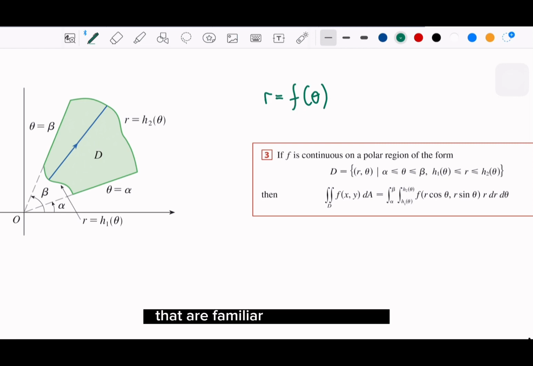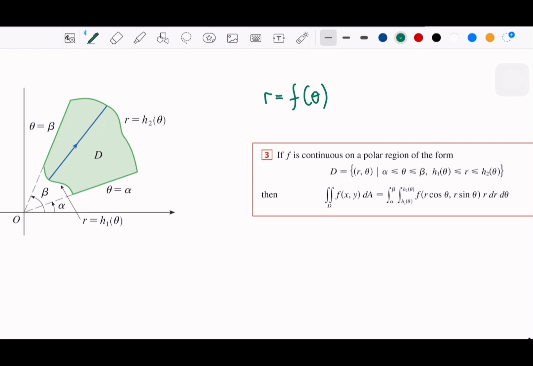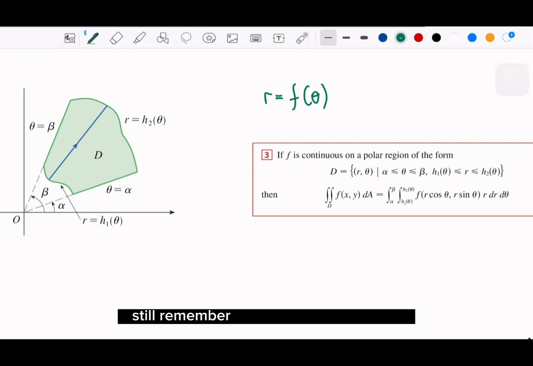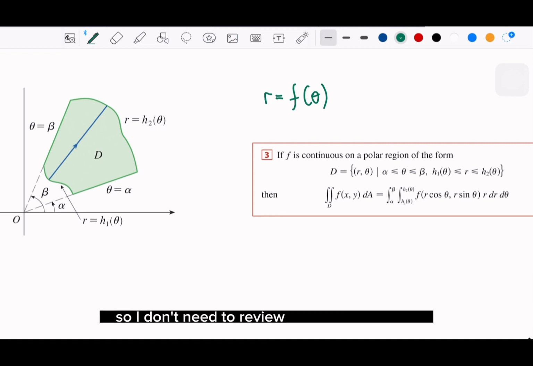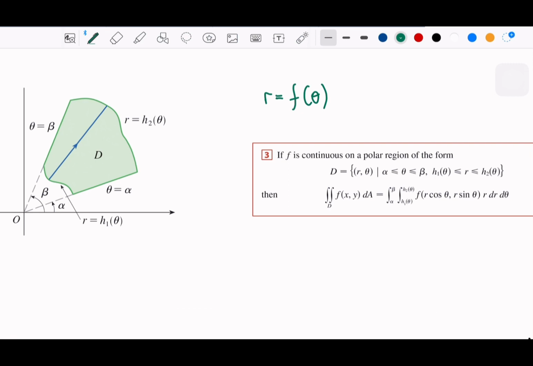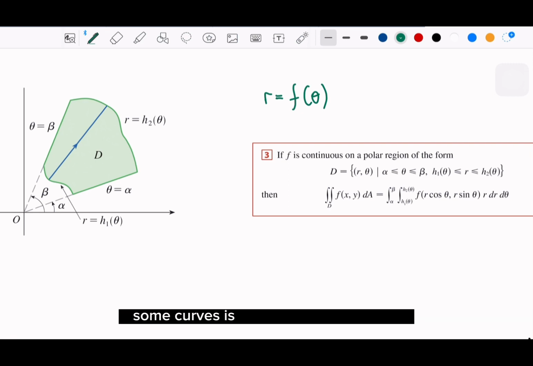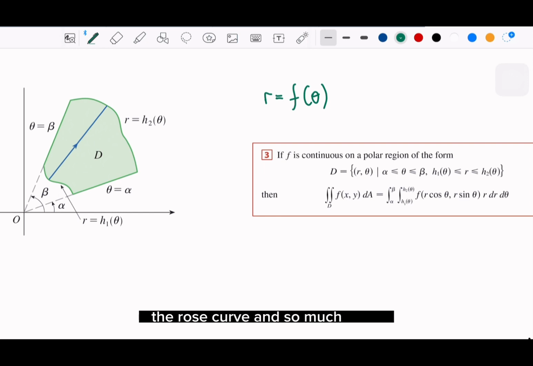By polar curves, you will see some curves that are familiar from chapter 10, and hopefully you still remember them, so I don't need to review them. Some curves are most likely the cardioid, the rose curve, and so much more.